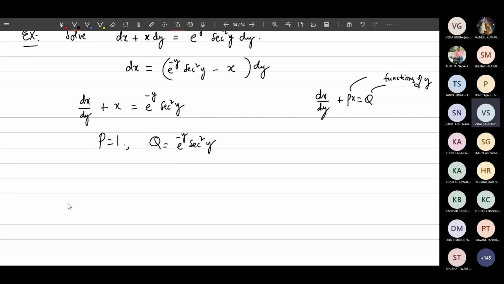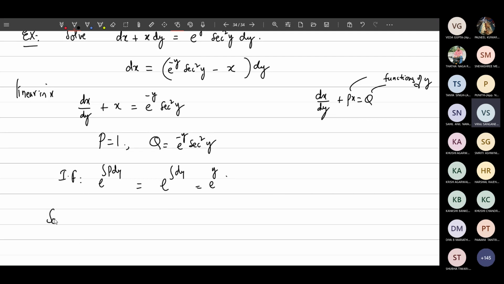So this is linear in x, of course. So the integrating factor is e to the power of integral p dy. This is e to the power of integral just dy, that is just e power y.